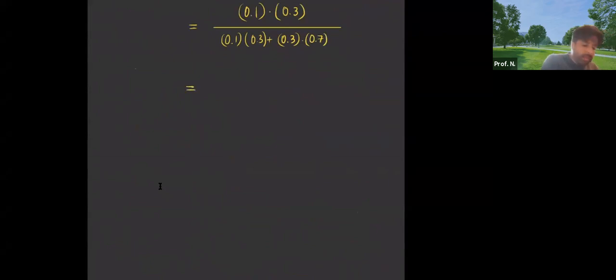So if you find what that is, this is 0.03 over 0.03 plus 0.27, 0.03 over 0.30, right? And 0.03 divided by 0.3 will be 0.1, right?